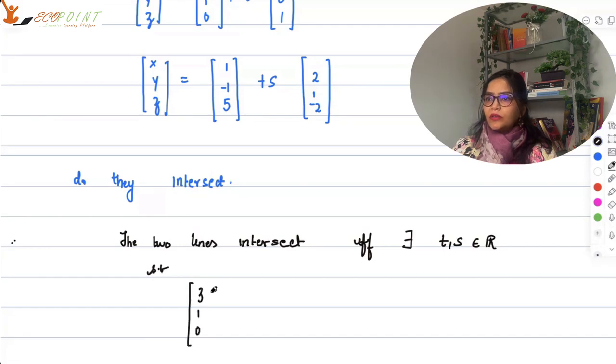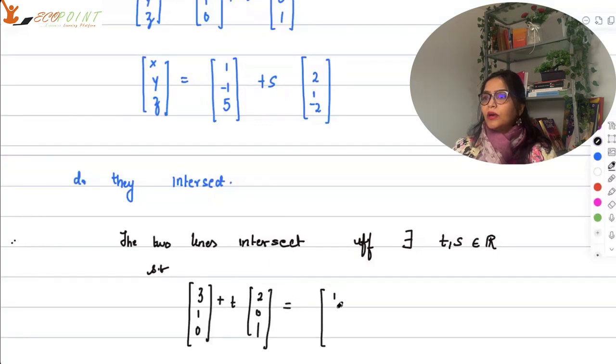So (3, 1, 0) plus t times (2, 0, 1) is equal to (1, -1, 5) plus s times (2, 1, -2).